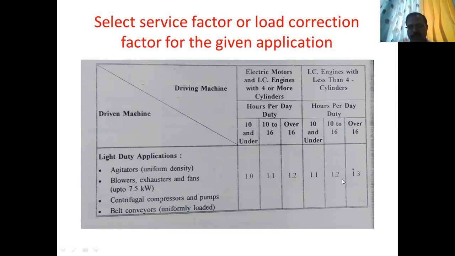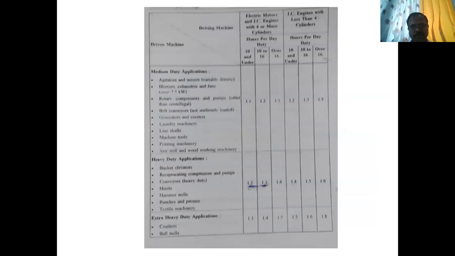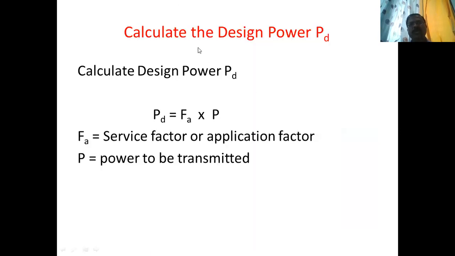Different values are shown for different driven machines, for different driving machines, and for the working hours per day duty. So from this table, we can select the value of the service factor or application factor. Once that service factor FA is known, we can calculate the design power in the next stage.